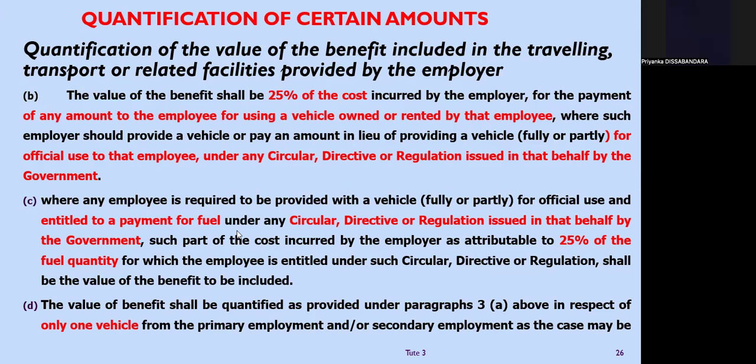So if we receive fuel, then again that condition is applicable. If that employee's position is named under the circular issued by the government, saying that this position is entitled for the fuel allowance, then the liable part of the fuel allowance is 25% of the expenditure incurred by that employer.